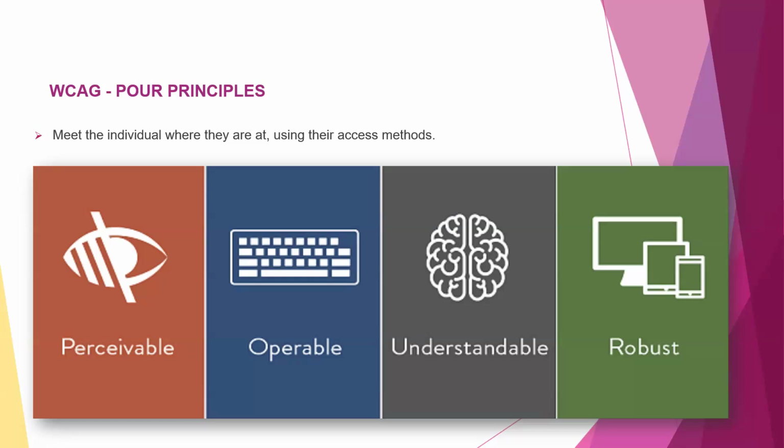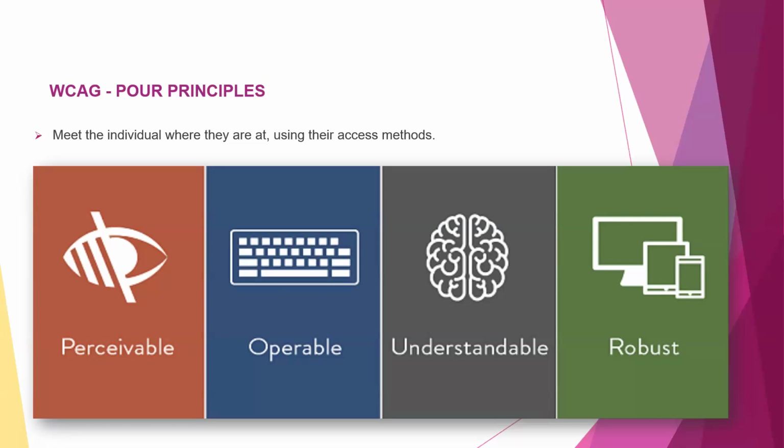For example, when you're building your website, you want images to have text content. You want audio media to have captions and transcripts. And also, if you're using color, that you use adequate contrast. So they give us an understanding of what is minimally required to meet that.